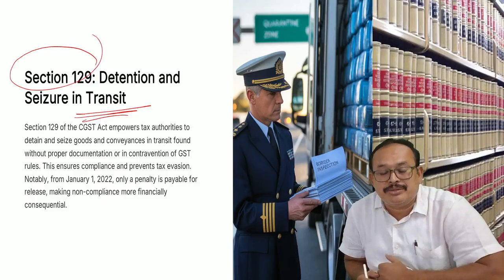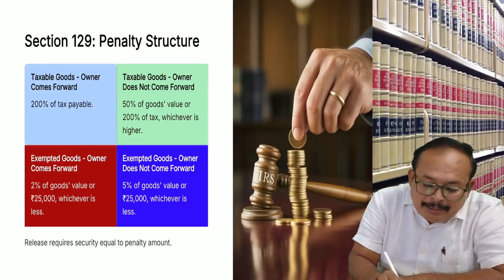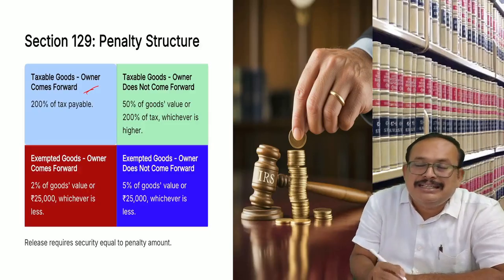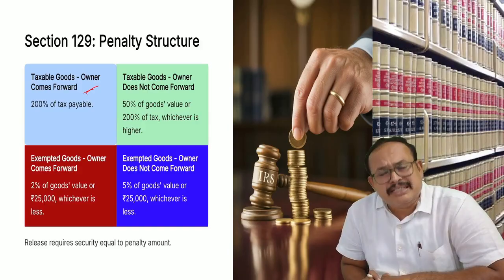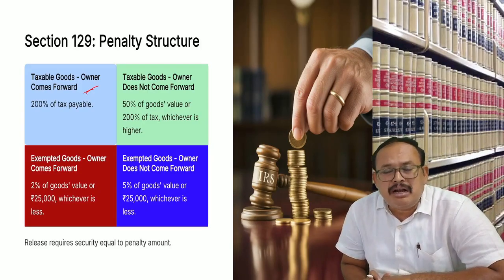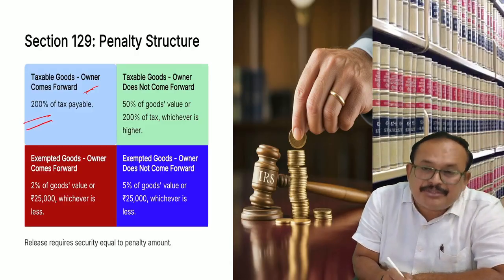If the taxable person, the owner, comes forward for taxable goods in case of seizure, to release the seized taxable goods, the penalty under 129 is 200% of the tax.